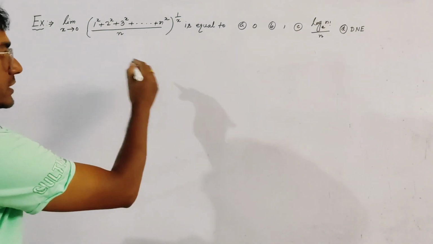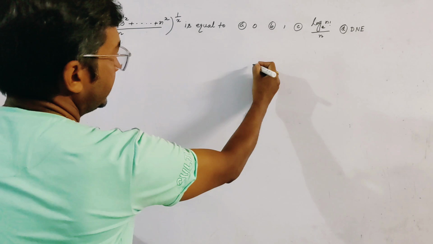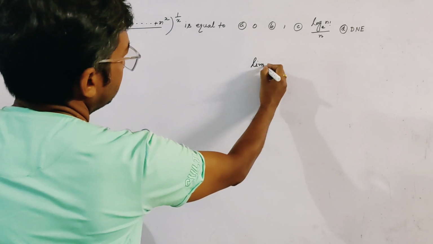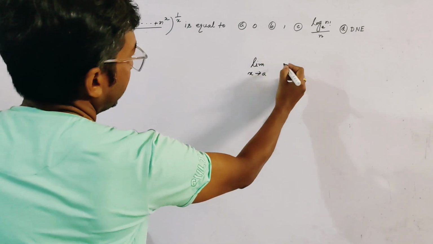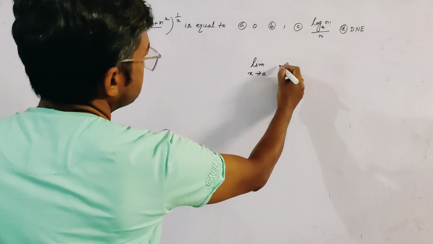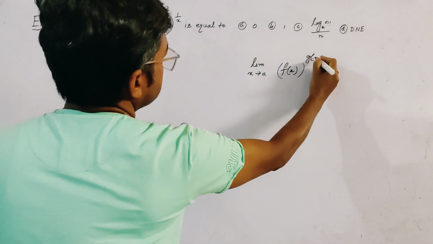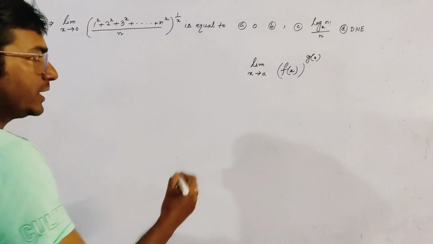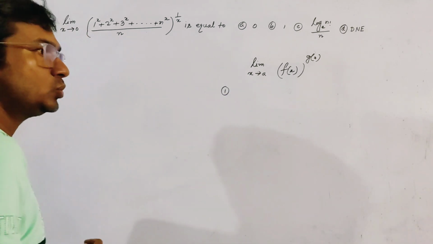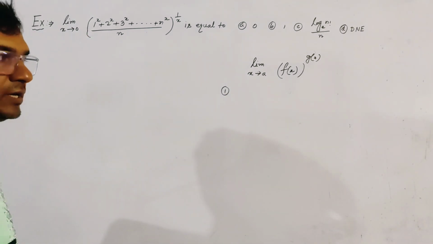Now we clearly see that this limit is of the form limit x tends to a of f(x) to the power g(x). Here we get two different conditions.